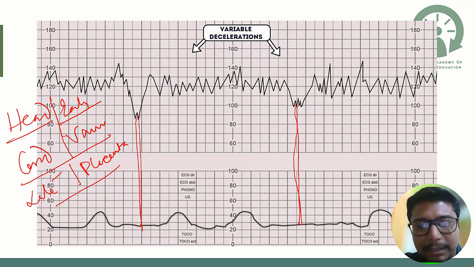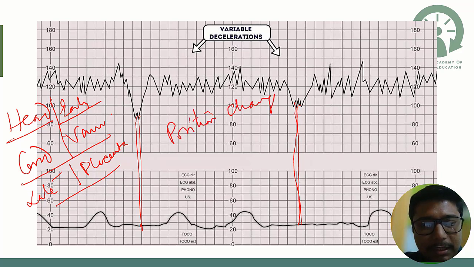So that is why for variable deceleration, the treatment of choice is position change. Position change, putting the mother in left lateral position or on all fours like the Gaskin maneuver, right? Number 2 is hydrating the mother so that the cord pressure increases.